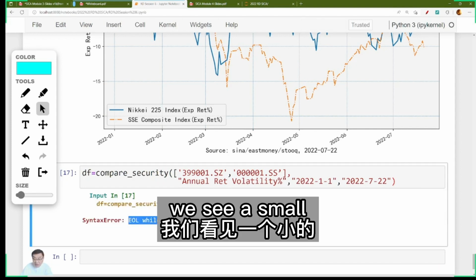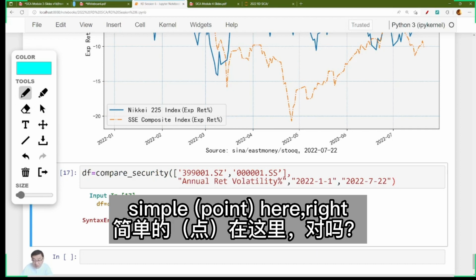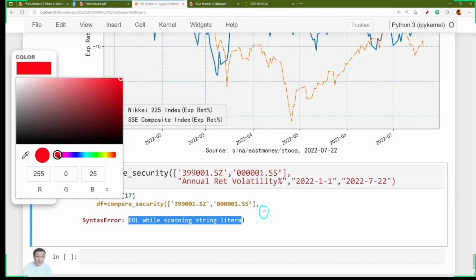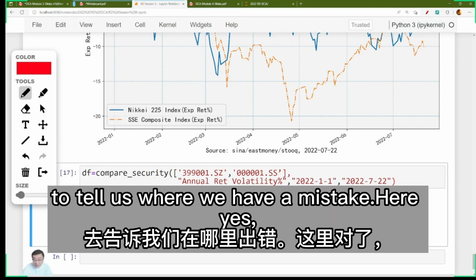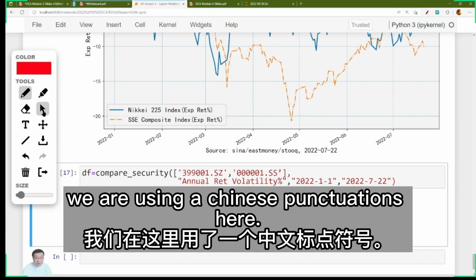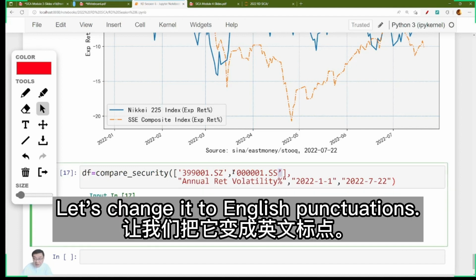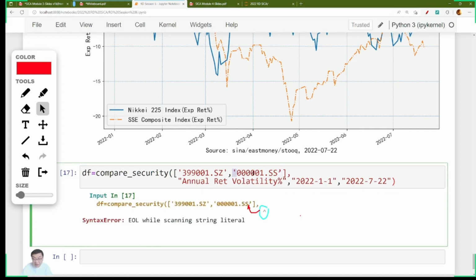We see a small symbol here, right? So Python uses this symbol to tell us where we have a mistake. Here, yes, we are using a Chinese punctuation. Let's change it to English punctuation.